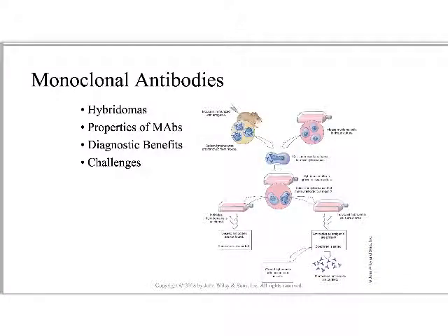Okay, now I'm kind of cruising through this, so I hope you guys are okay, but I'm trying to get the stuff that I think is big picture. Okay, now monoclonal antibodies are kind of a new concept. Well, they're not that new, but they're now being used to treat a lot of things.